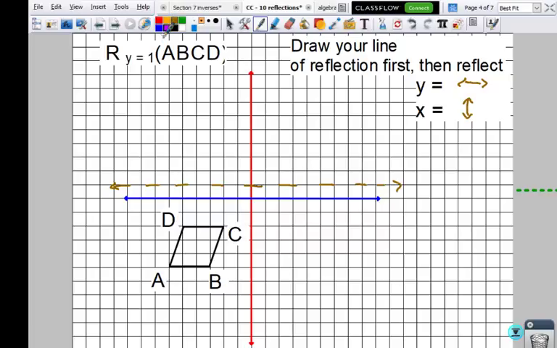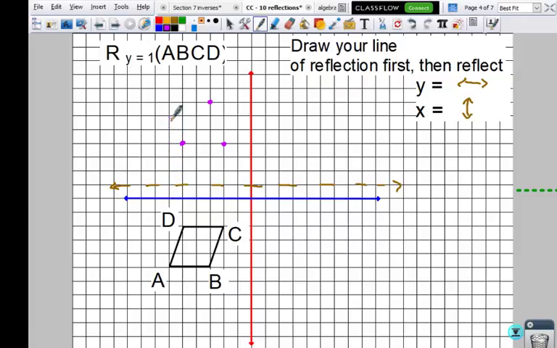So I'm going to take each corner. Like on corner C here, I have to go 1, 2, 3 up. So I go 1, 2, 3 up again. That's my point. B, I'm going 1, 2, 3, 4, 5, 6 up, and I have that one. D, 1, 2, 3, 1, 2, 3. A, 1, 2, 3, 4, 5, 6.